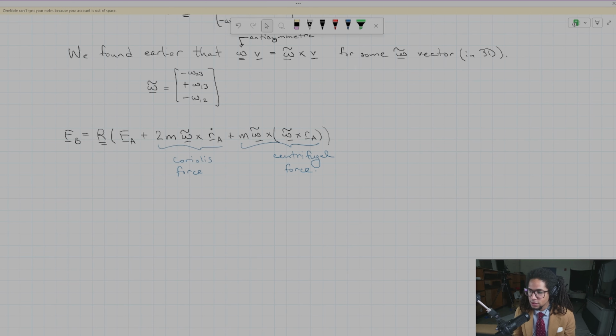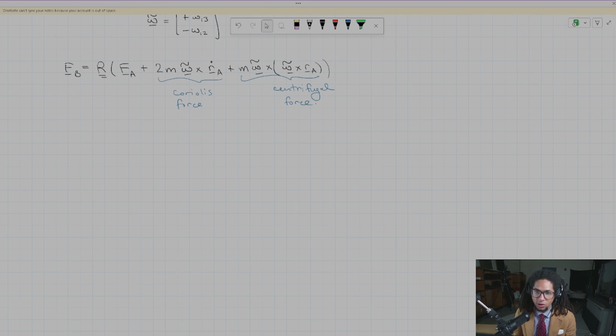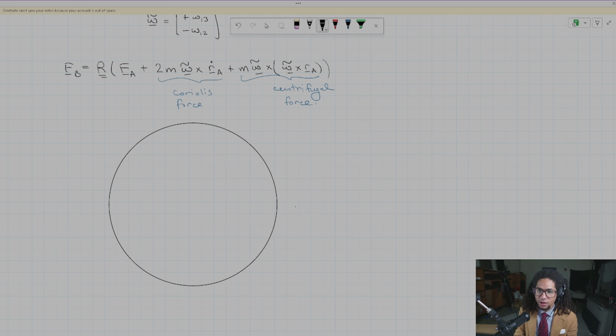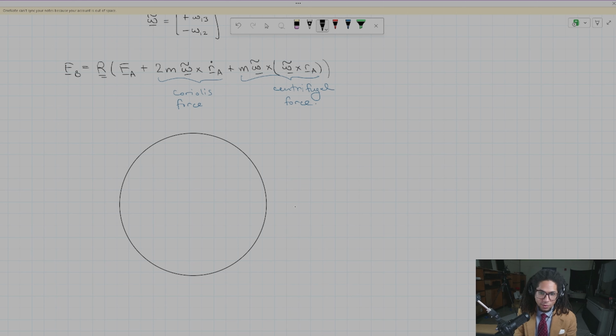Now, let's finish off this section of our discussion with an example. Let's imagine that we have a sphere that's rotating around its equator, and it's rotating with constant angular velocity omega.